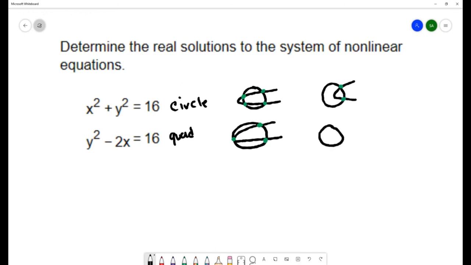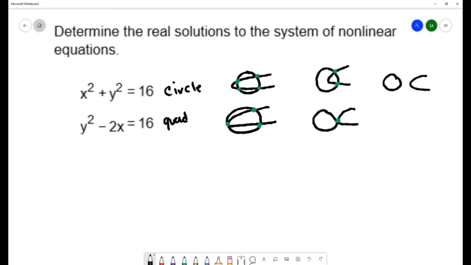And it's also possible for the vertex to touch the edge of the circle like this. That's only 1 intersection point and 1 solution. And we can also have the circle and the parabola being totally separate. So we could have 4 solutions, 3, 2, 1, or none for this system.